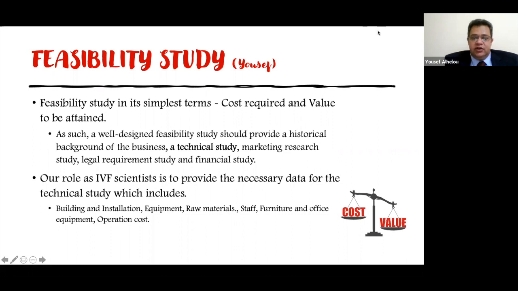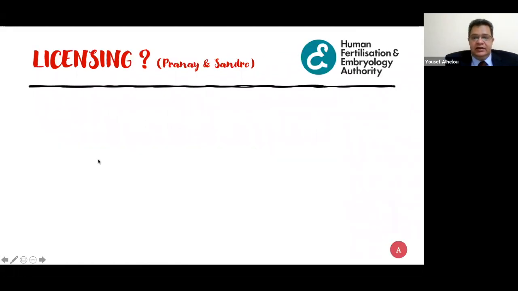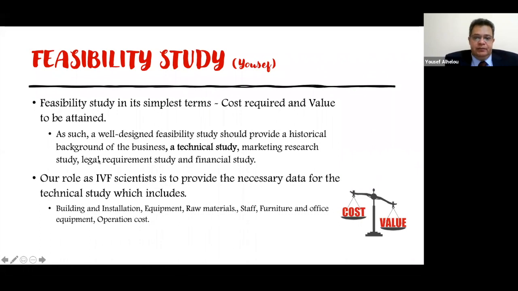They encountered a lot of unforeseen expenses and a lot of delay. So the feasibility study in its simplest form is how much we will spend and how much value we will get. And it is composed of four sub-studies. One is the marketing study.